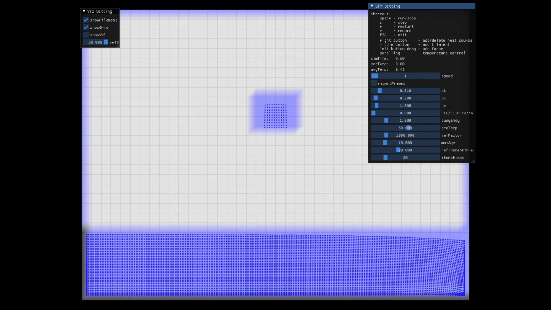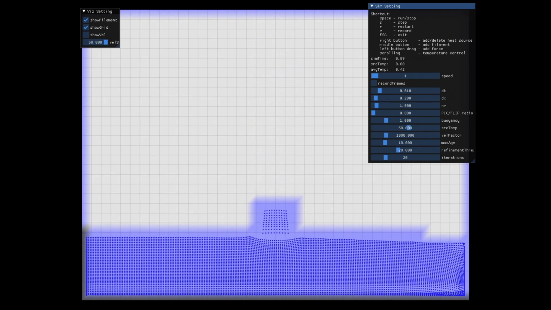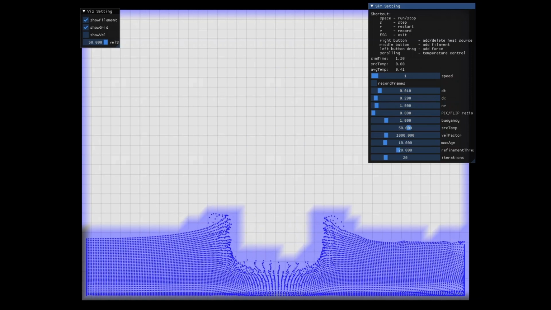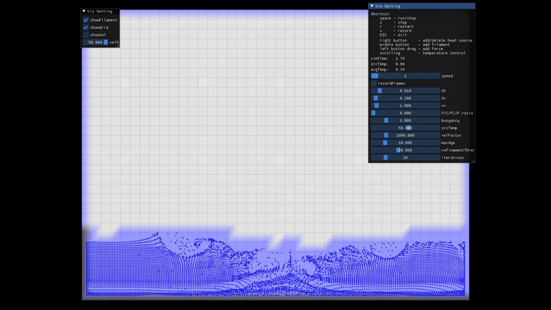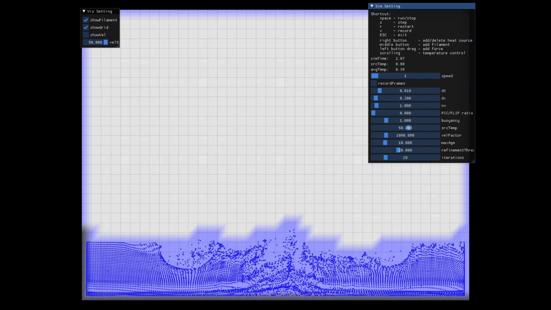Now we have the pure flip method. You can see that within the particles there's a lot more motion, and they act individually as opposed to being clumped together.